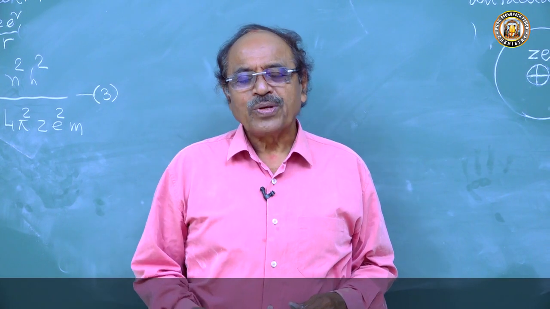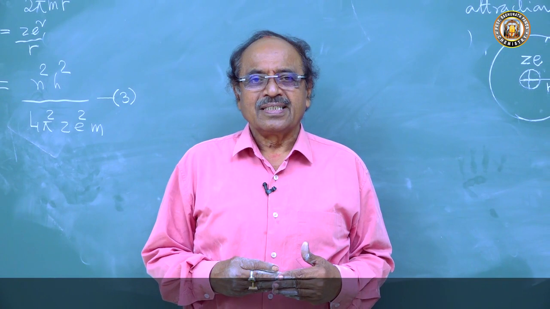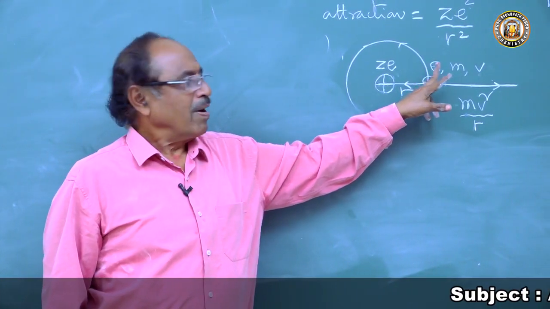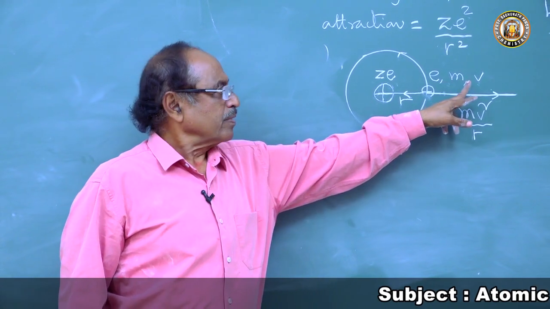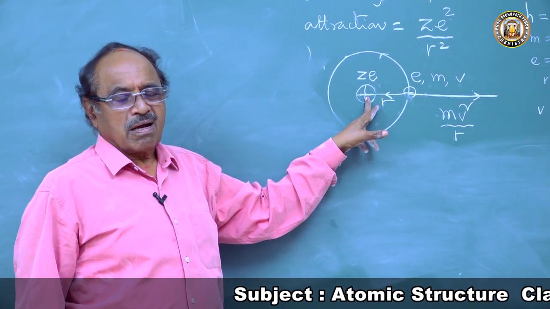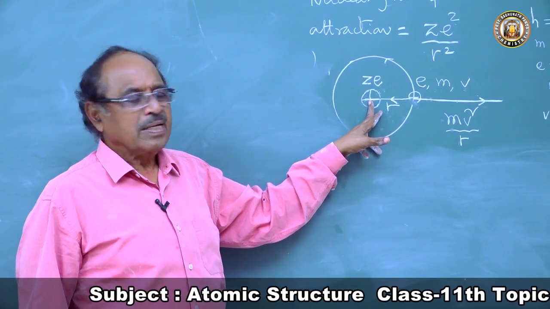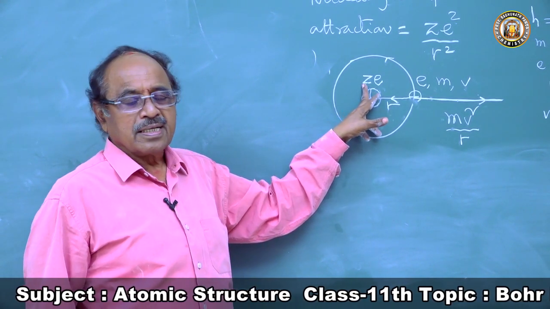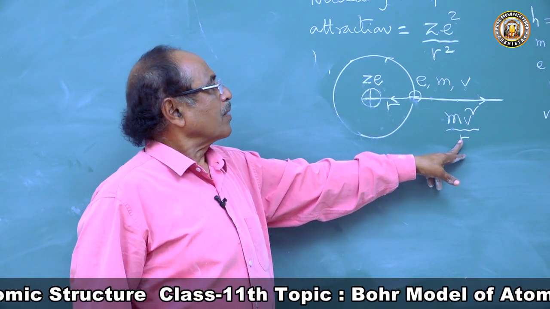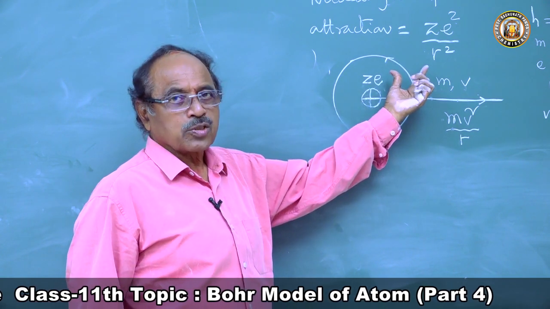Dear children, we discussed in the last class the calculation of the radius of an orbit. When an electron of charge e and mass m is moving with velocity v in an orbit of radius r of an atom of an element having atomic number Z, the outward centrifugal force is mv square by r, and the nuclear electrostatic attraction is Ze square by r square.